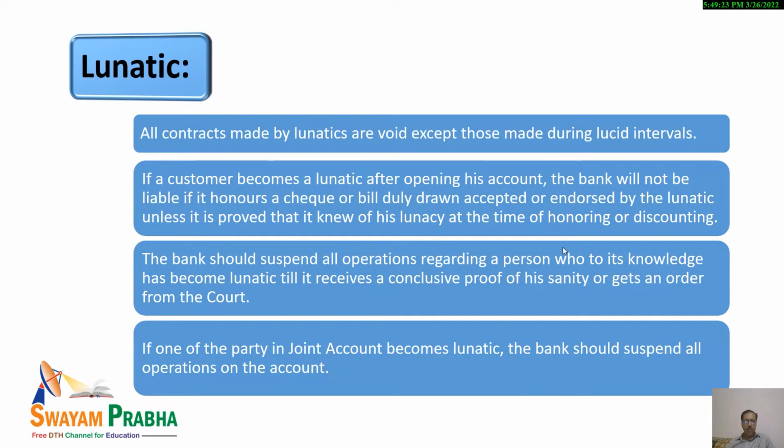So, in case he has been operating the account successfully for a number of years, but after that the customer becomes a lunatic after opening his account, then in that case the bank will not be honoring the check, the bank will not be paying any bill duly accepted or endorsed by such a person.